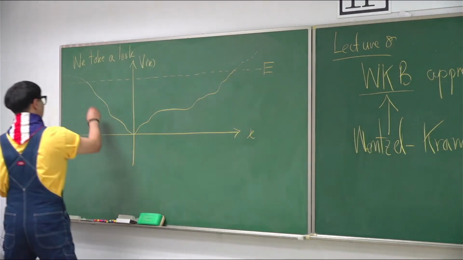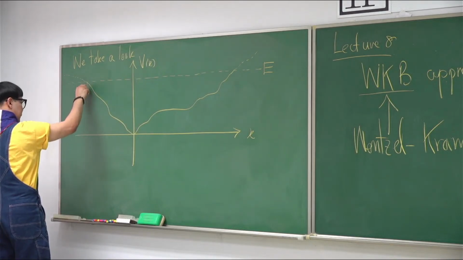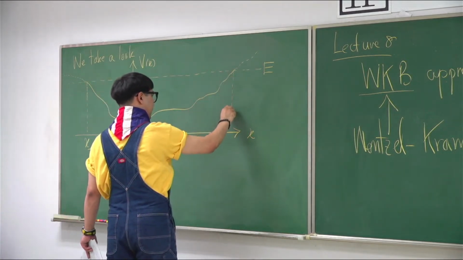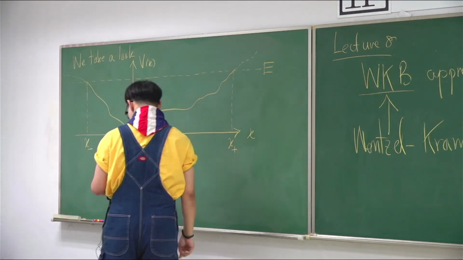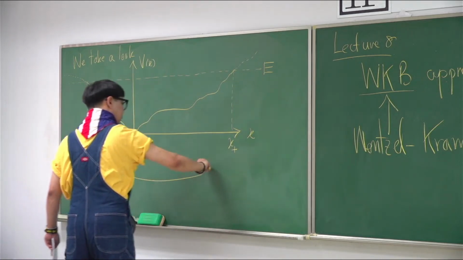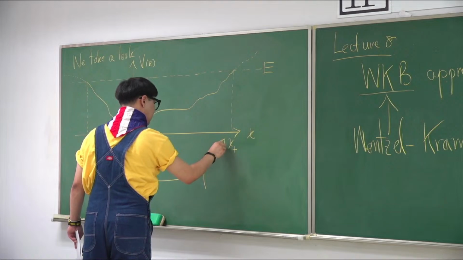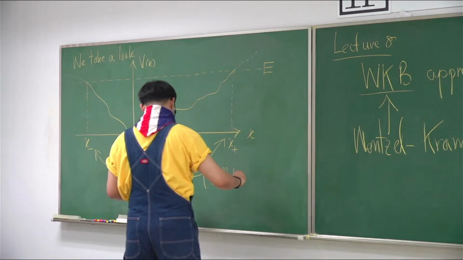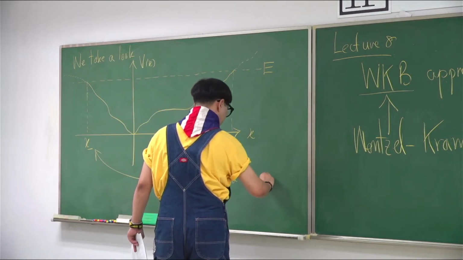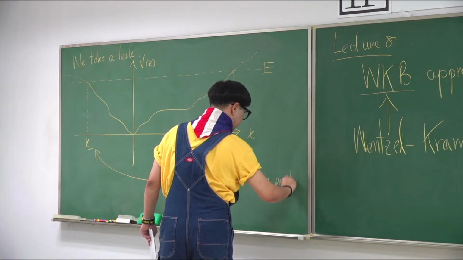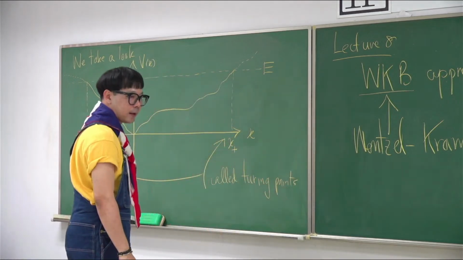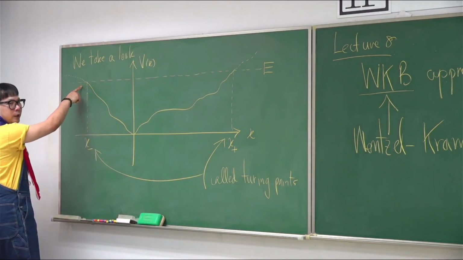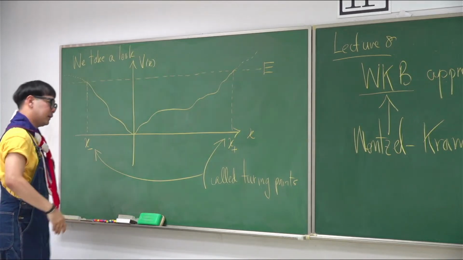We have this point I call x minus, and this point I call x plus. These two points are called turning points in the classical context. Your classical particle cannot go beyond these points.